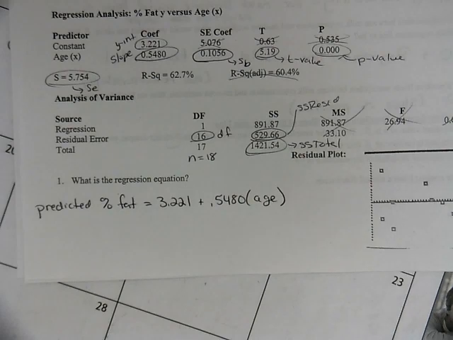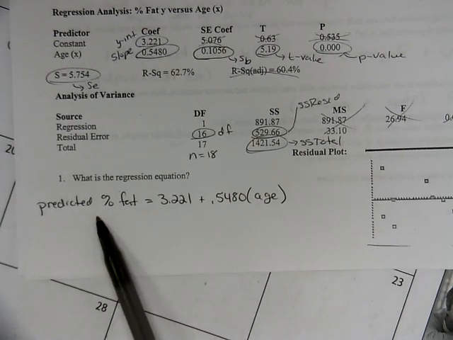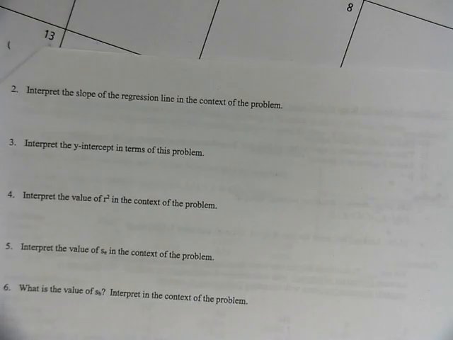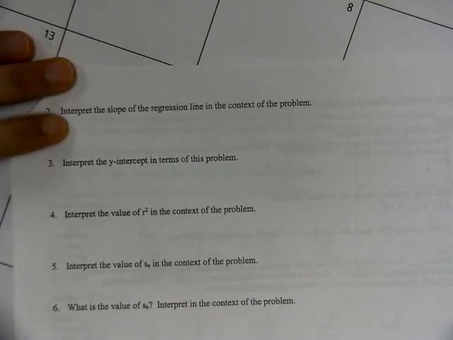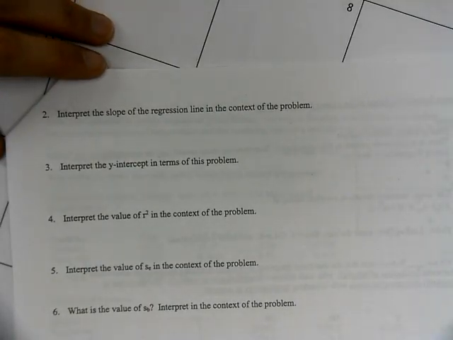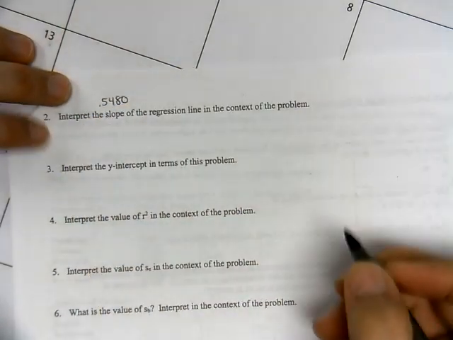So let's interpret the slope and y-intercept. We're looking at age and your predicted percent body fat. So for the slope, of course on the other page, our slope was 0.5480.